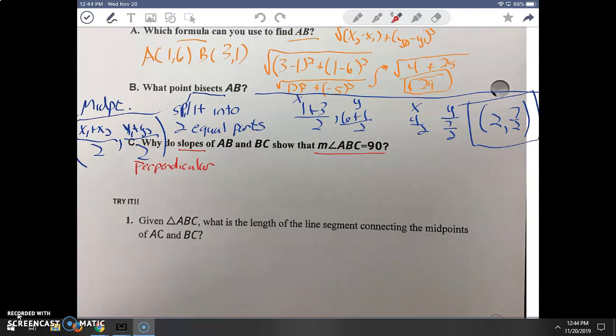Now we know that by using their slopes. If you remember, a perpendicular slope is the negative reciprocal of another slope.